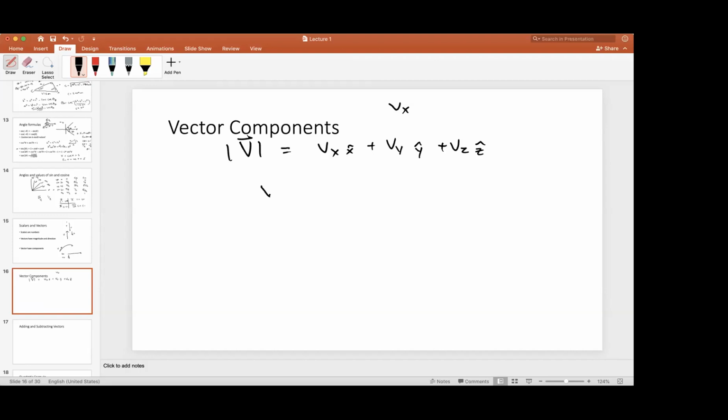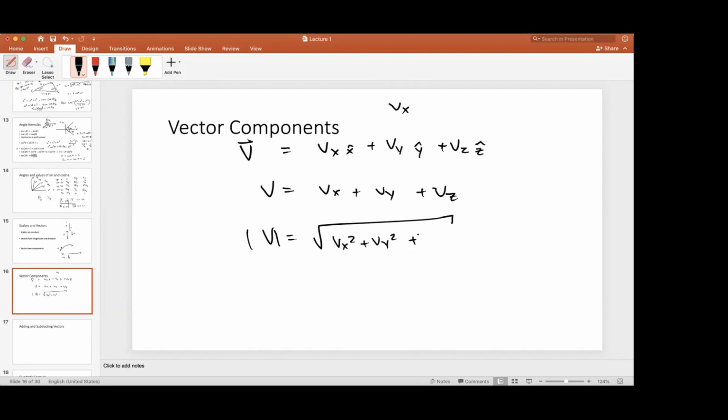What is important is that Vx plus Vy plus Vz, I shouldn't have written this, by the way. So a velocity is made up of its components, but it also has a magnitude that is the square root of the sum of the squares of each of its components.